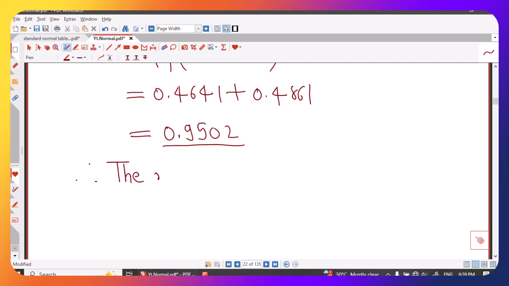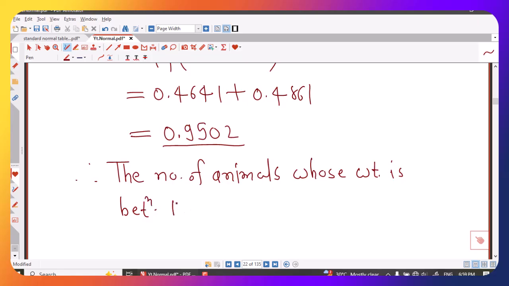We are interested in the number of animals whose weight is between 172 and 312 grams.